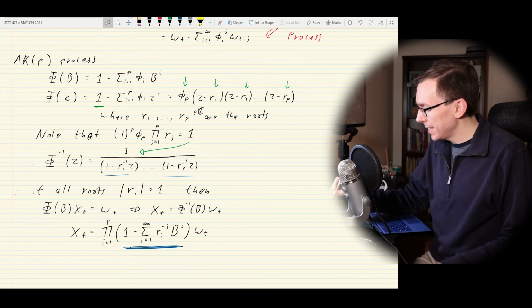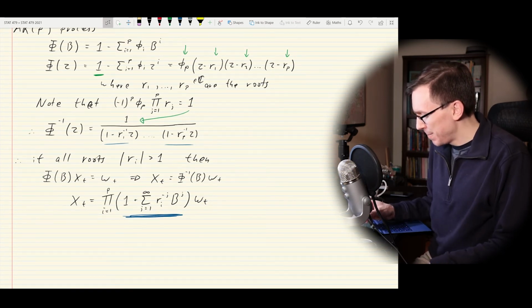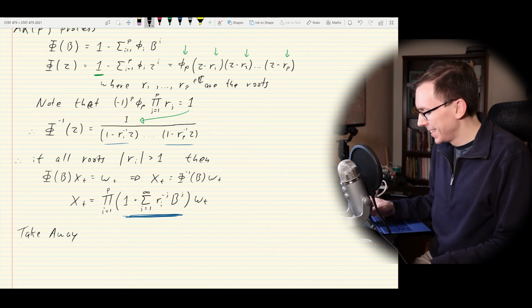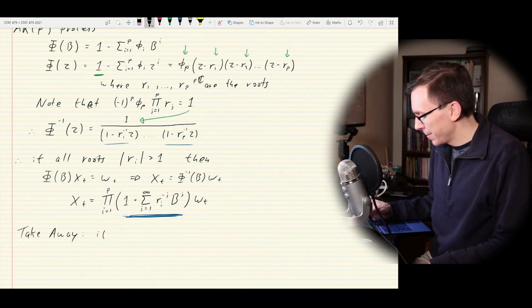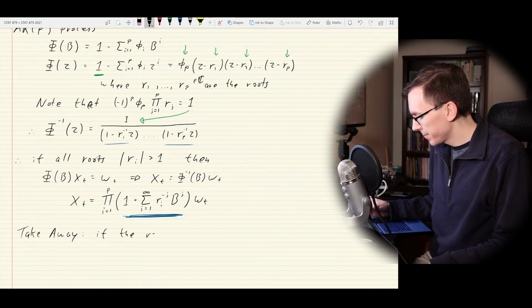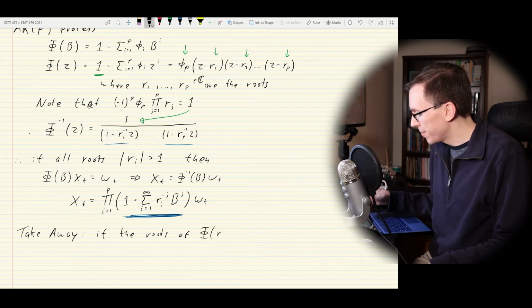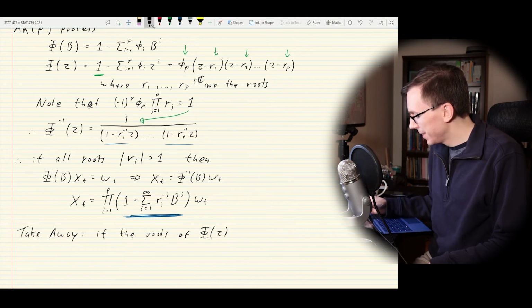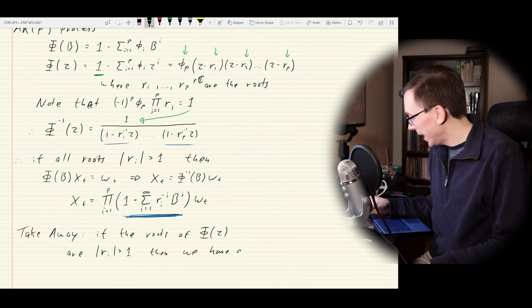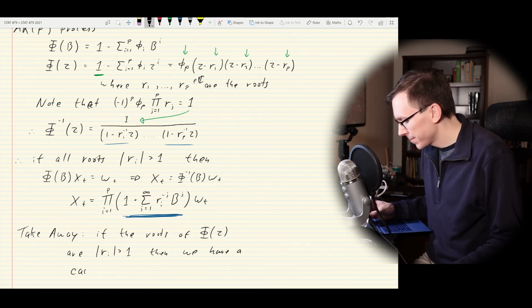The main takeaway, besides all the fun with mathematics, is that if the roots of this polynomial phi of z, the roots r_i, are greater than 1 in magnitude, then we have a causal process, a causal AR process.